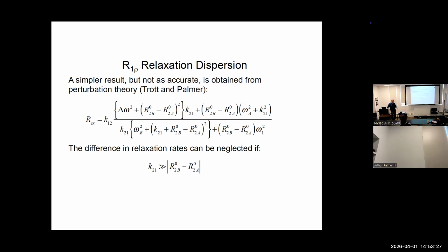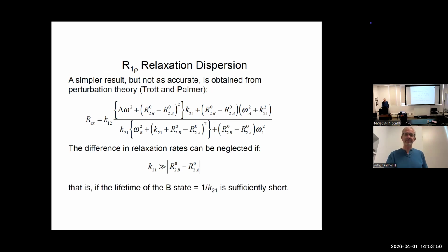So what we now call CEST, Allerhand would have called C-type exchange broadening. So maybe good that they both start with C. But what we call DEST, he would have called R-type relaxation. Very large difference in the rates in the two states. So there you go.